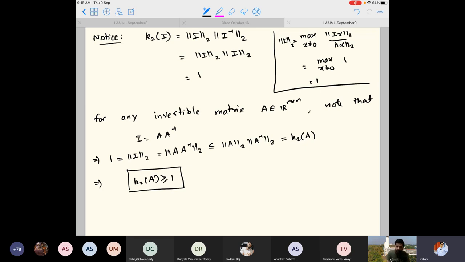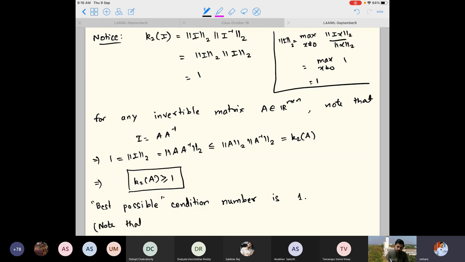So this says the best possible condition number is 1. Best possible meaning the smallest value, and the condition number is always greater than or equal to 1. So you can start with 1 and go all the way up to infinity. Any real number as large as possible you can think of can be a condition number, but the smallest one is 1.